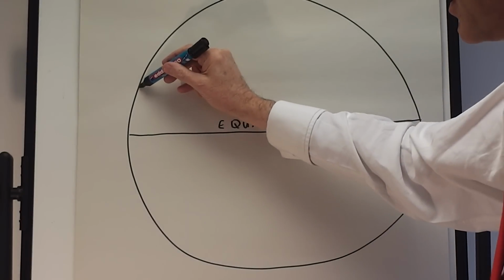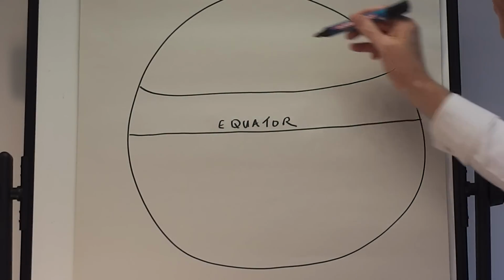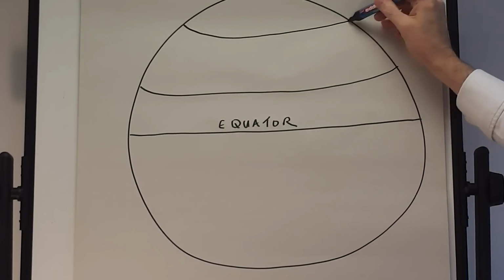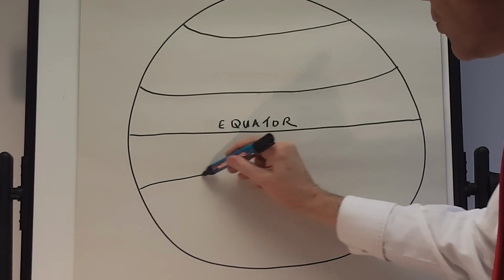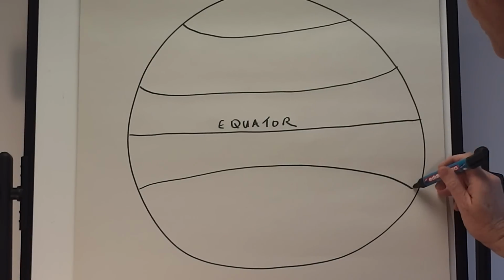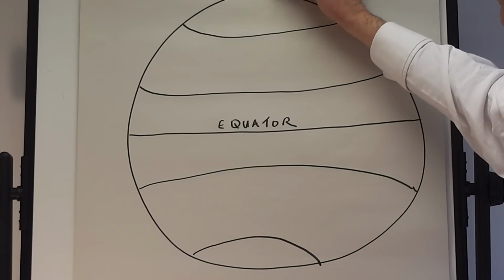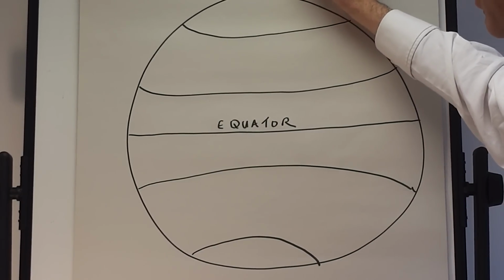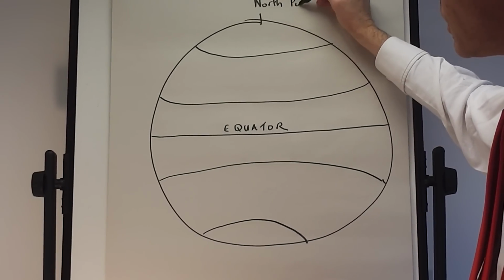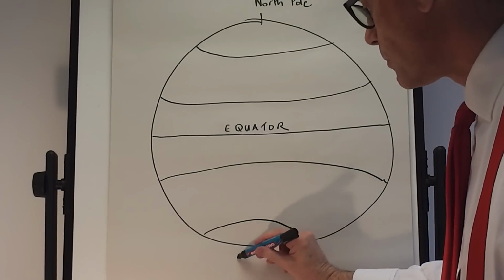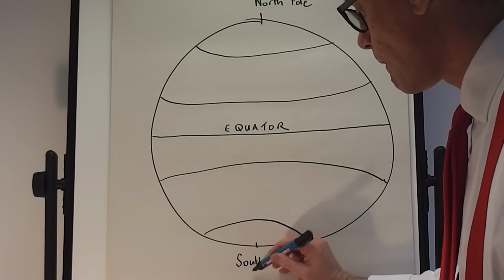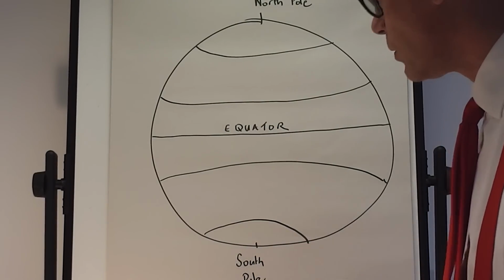And all the other lines of latitude are lines north or south of the equator. That's the North Pole on the top. There's the South Pole on the bottom.